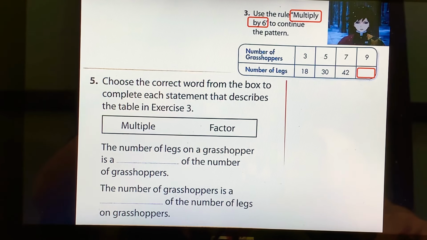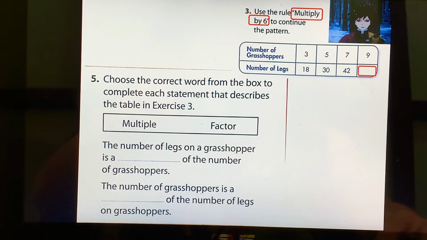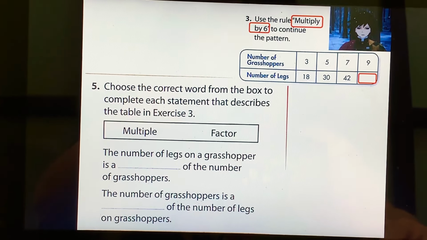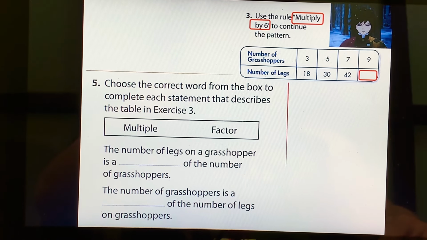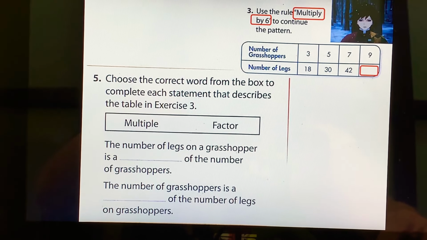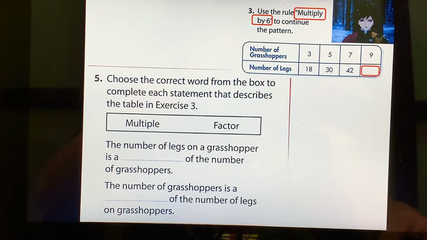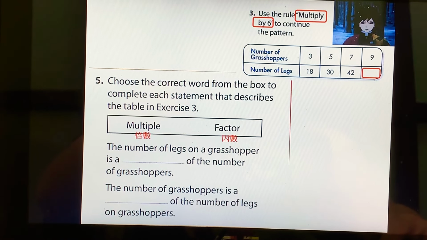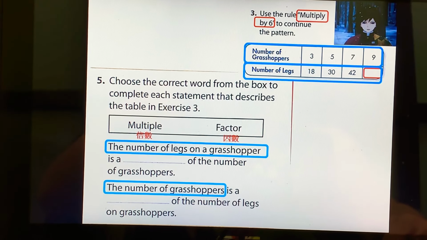Choose the correct word from the box to complete each statement that describes the table in exercise 3. First statement. The number of legs on a grasshopper is a blank of the number of grasshoppers. 蟋蟀的腿的数量是蟋蟀数量的什么？ Next statement.